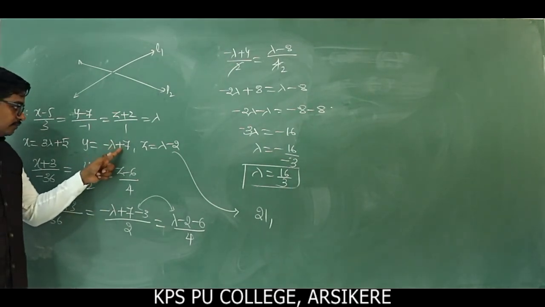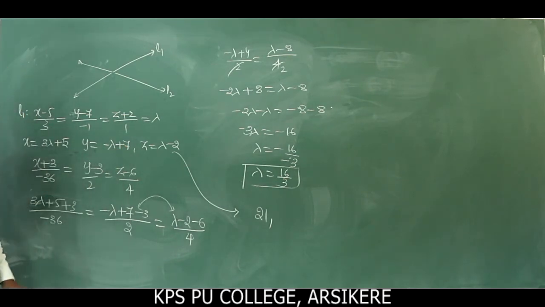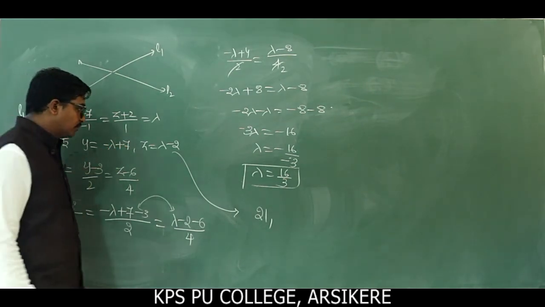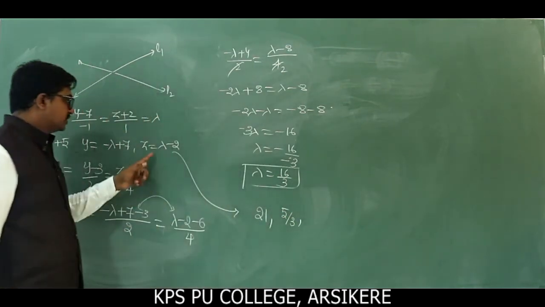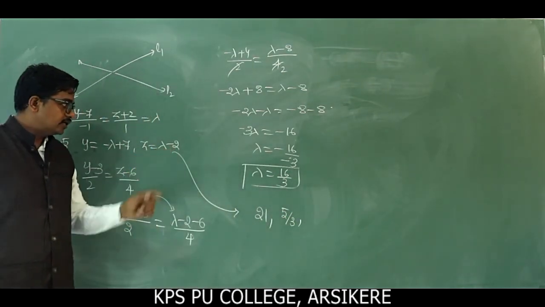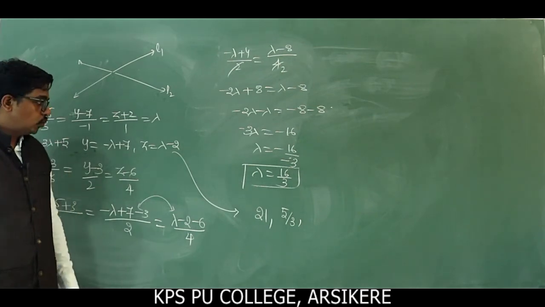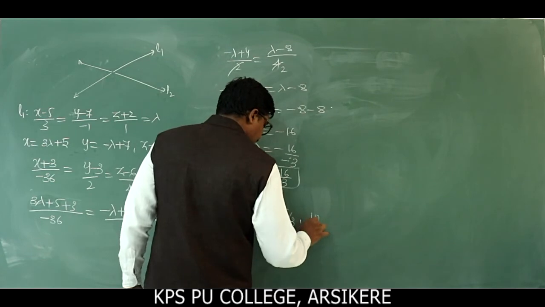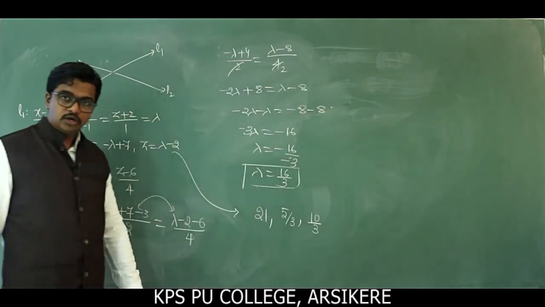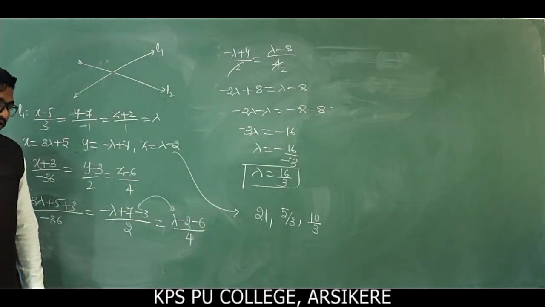Minus 16 by 3 plus 7, 3 sevens are 21. Minus 16 plus 21, that becomes 5 by 3. And the next one, z is equal to 16 by 3 minus 2. That becomes (16 minus 6)/3, 10 by 3. This is our answer: 21, 5 by 3, 10 by 3.